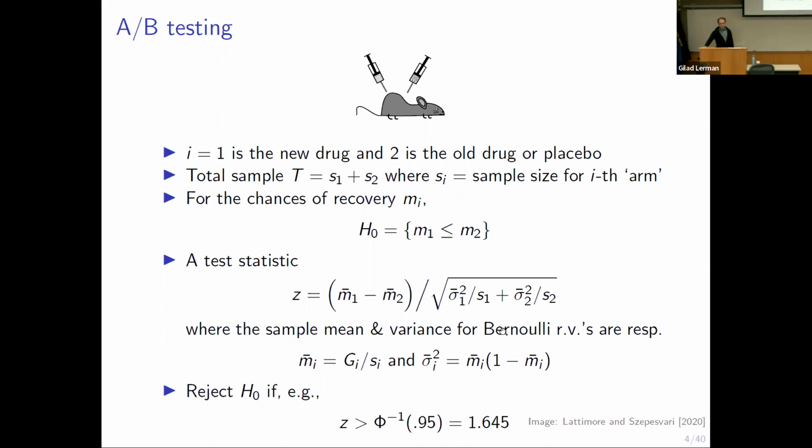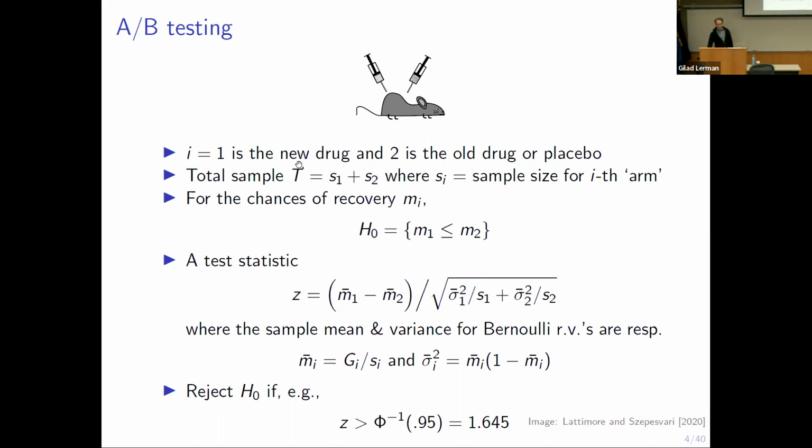Maybe to show another motivation, just to contrast this problem with A/B testing and hypothesis testing. This is a historical context where this problem has been used. If you're talking about plain A/B testing, you're considering a new drug, let's call it arm 1, and arm 2 is the old drug or a placebo.